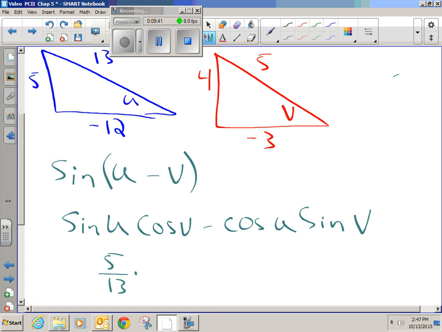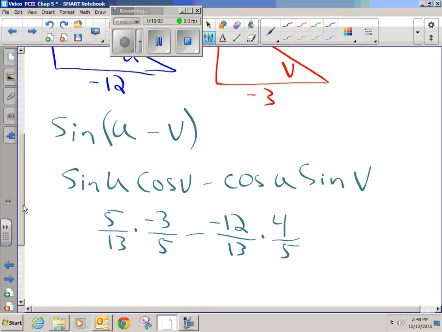Cosine of v is going to be -3/5. I'm just looking up there. Minus cos u is going to be -12/13. And sine v is going to be positive 4/5.